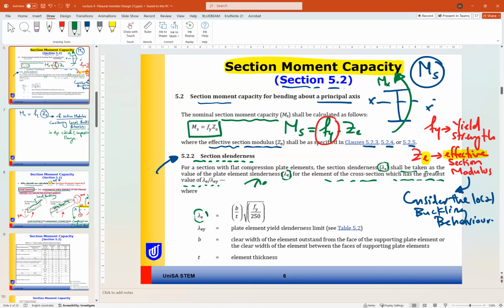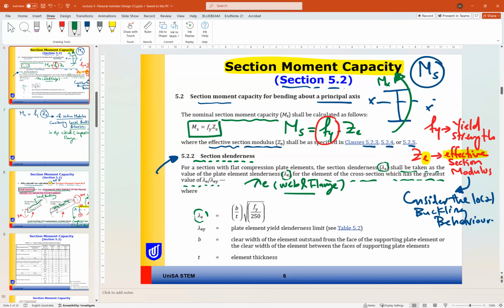So we need to find lambda e for web and flange. Then we compare and take the critical one. If the critical one is web, we take the web, and if the flange is critical, we take the flange.